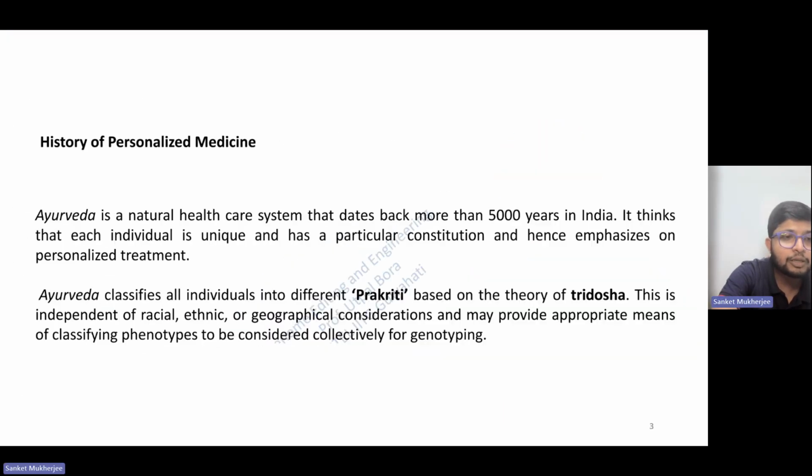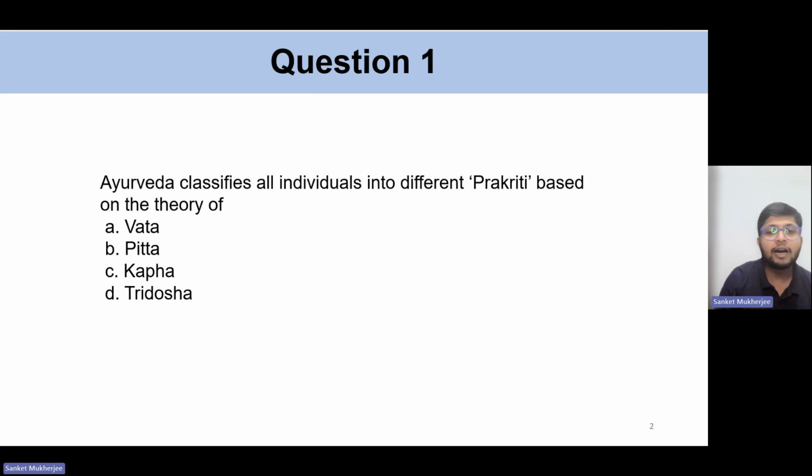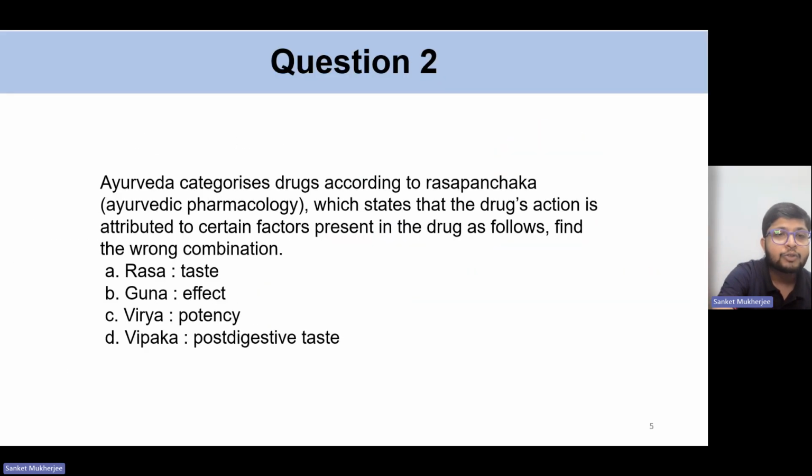Question number 1 was Ayurveda. It classifies all individuals into different prakriti based on the theory of three dosha that includes vata, pitta, and kapha. So that's the answer. Ayurveda categorizes drugs according to Rasa Panchaka, that is Ayurvedic pharmacology, which states that the drug's action is attributed to certain factors present in the drug as follows.